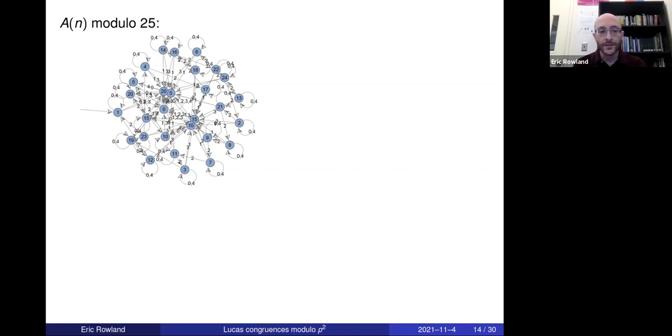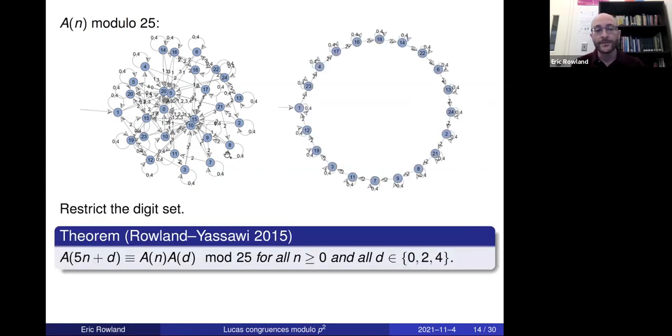So if you delete nodes whose outputs correspond to multiples of 5, for example, 0, 5, 10, all these inner nodes in here, you do get a very nice cycle. And that's equivalent to restricting the digit set. So it turns out that, we saw on the previous slide that if you read a 1 or a 3 in base 5, then the nth Apery number that you're computing is 0 mod 5.